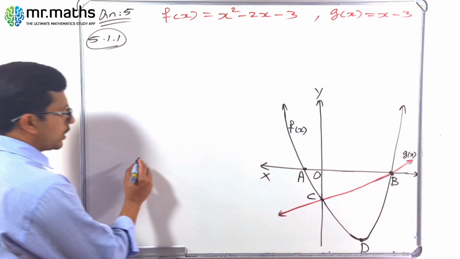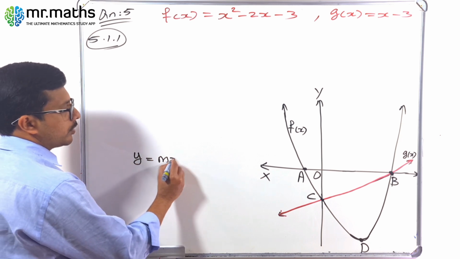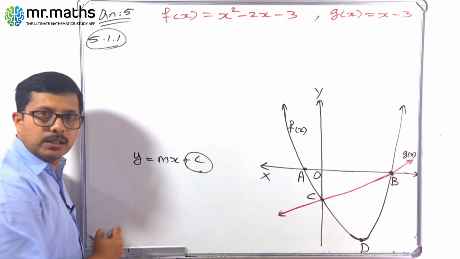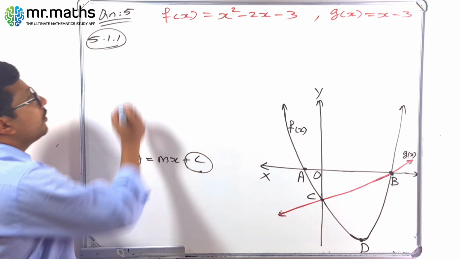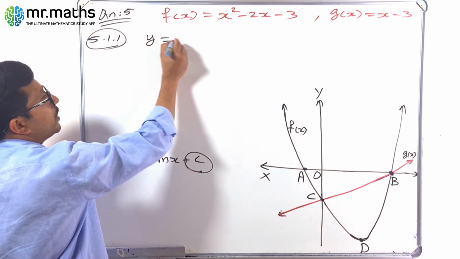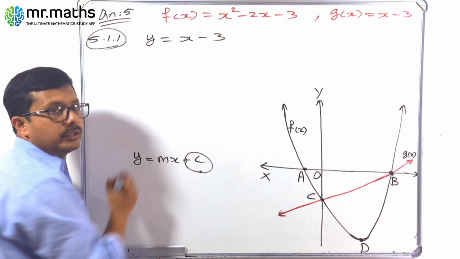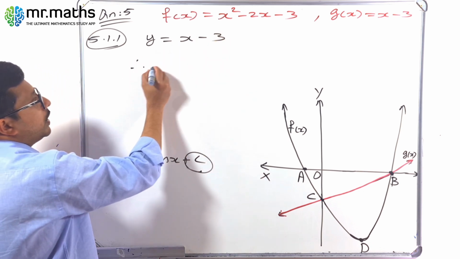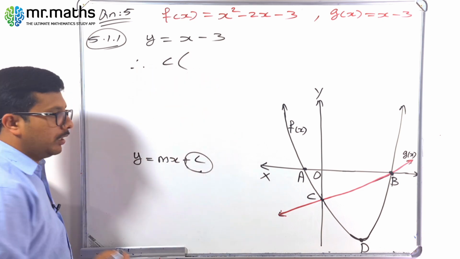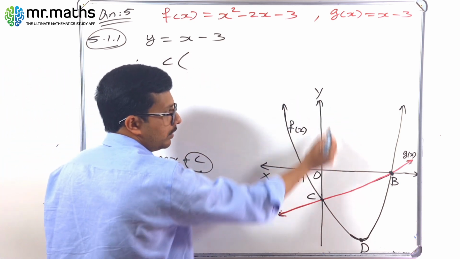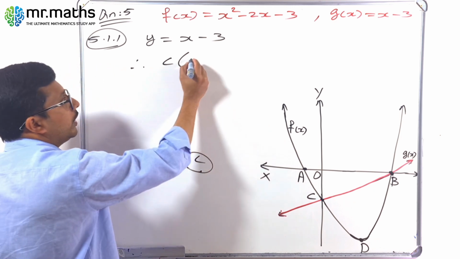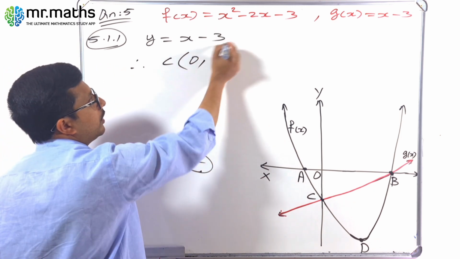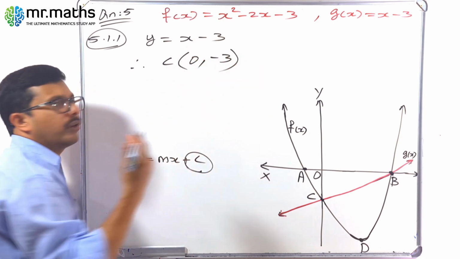Okay. So for example, y is equal to mx plus c. What is the y-intercept? This plus c is the y-intercept. So g of x, y is equal to x minus 3. So it implies that the coordinate of C is the y-intercept. This is the y-axis. So at the y-intercept, the x value is 0, and what is the y value? It is minus 3. So you don't need to write any calculation.